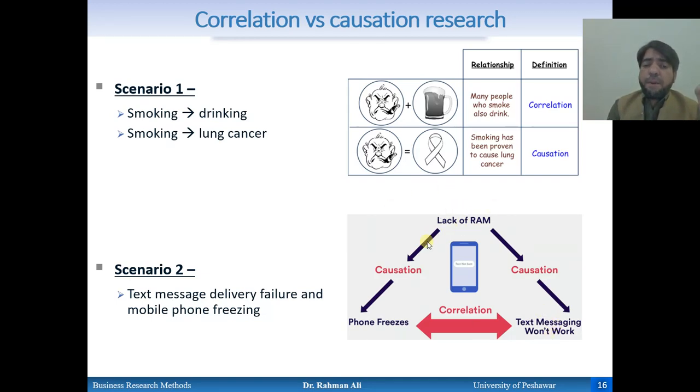So lack of RAM leads to freezing or hanging of your mobile. So this is causation. But the relationship between the failure of delivery of messages and your mobile hanging is correlation.